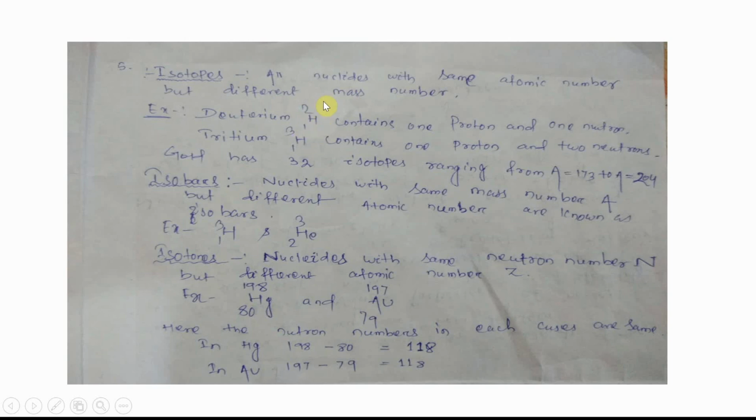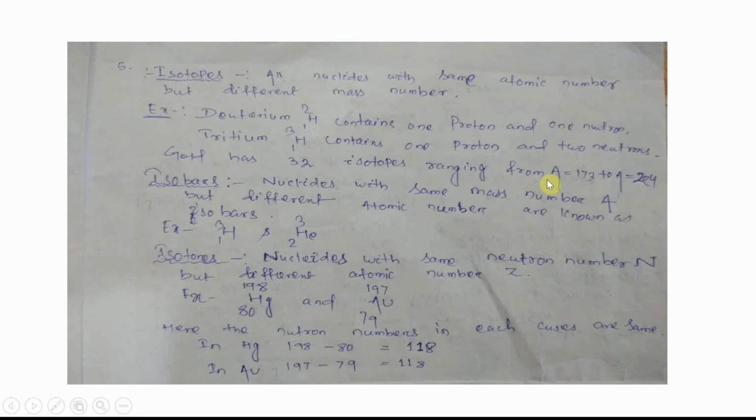Here only two are written, that is deuterium, H 1 2, and tritium, H 1 3; protium is hydrogen also. And gold has 32 isotopes ranging from A 173 to A, the atomic mass number, 204.